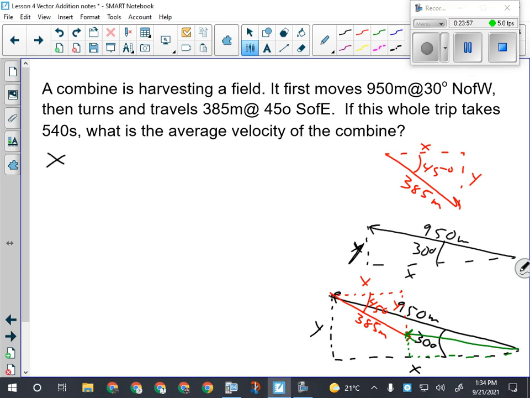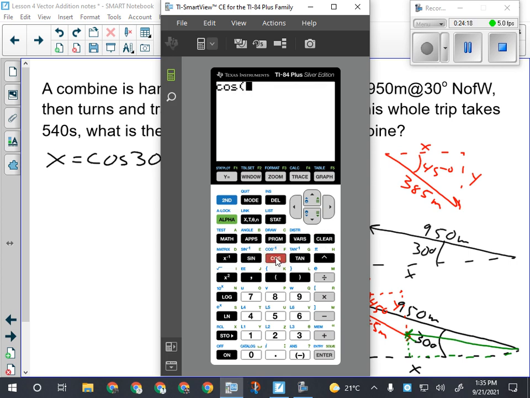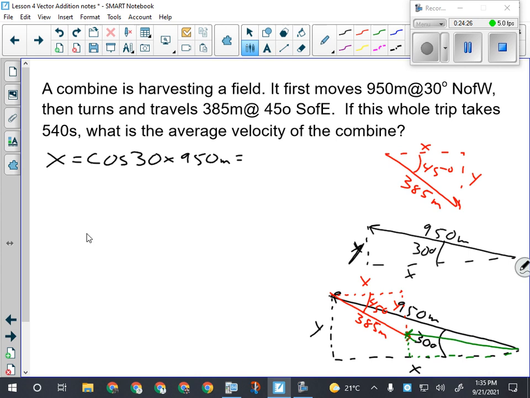Right? So black x, regardless of which method I'm using, is still the adjacent side in its triangle to the 30-degree angle. Right? Which means I'm going to calculate it by going cos of 30 times the hypotenuse, which was 950 meters. Okay? So black x will be 822.7 meters, and that is west.